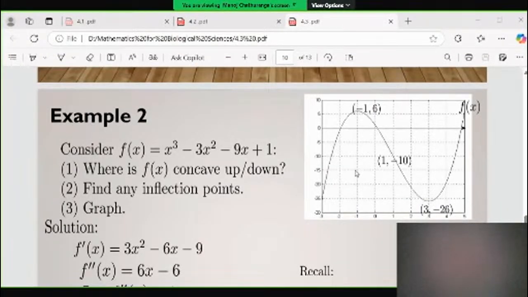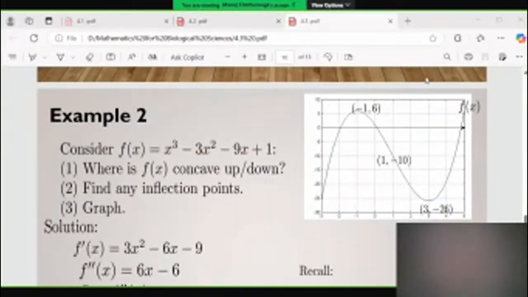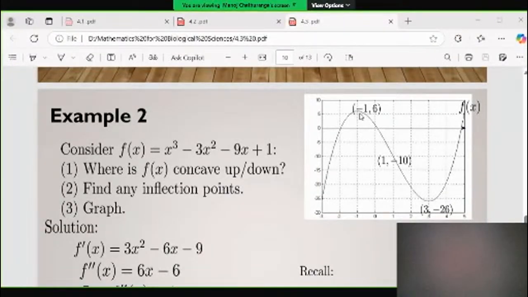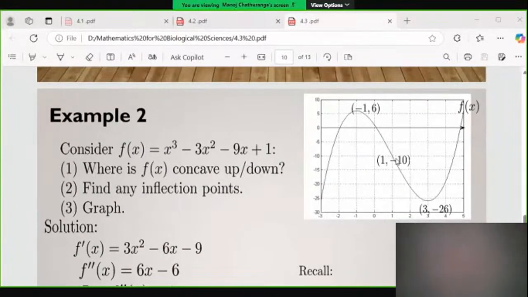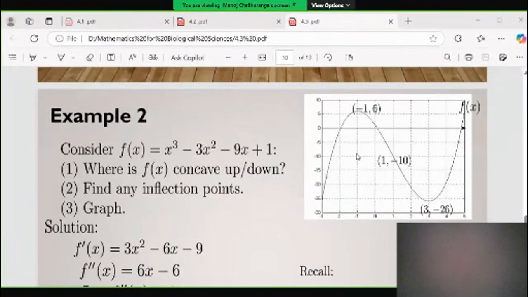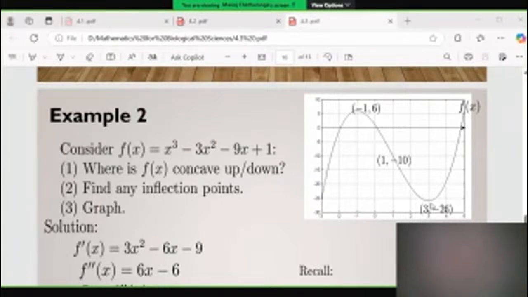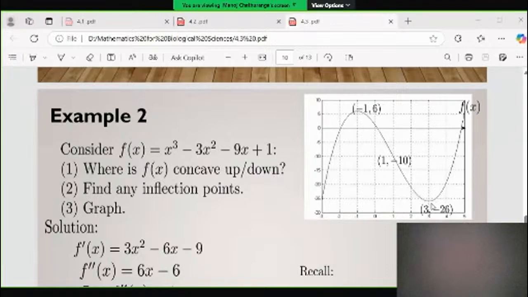So that clearly tells us at -1 we must have a relative maximum. If it was a relative minimum, there is no way the graph could look like this. And also at 3 it must be a local minimum. Otherwise we cannot have this concave up nature there.